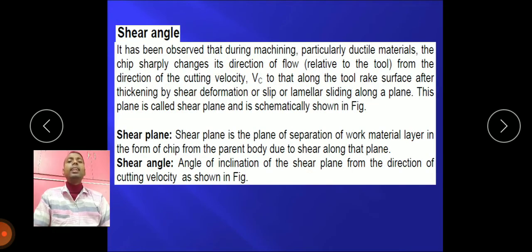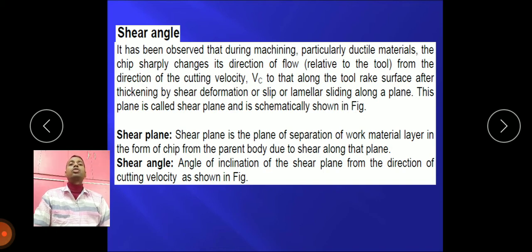What is the shear angle? It has been observed that during machining, particularly of ductile material, the chip sharply changes its direction of flow from the direction of the cutting velocity Vc to along the tool rake surface after thickening, surface deformation or slip, or lamellar sliding along a plane.